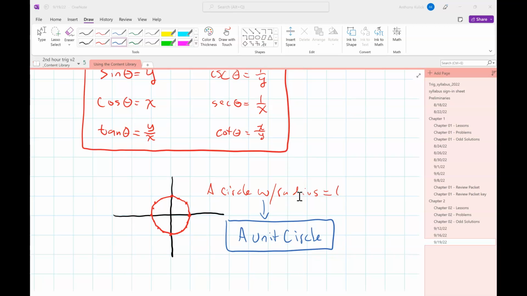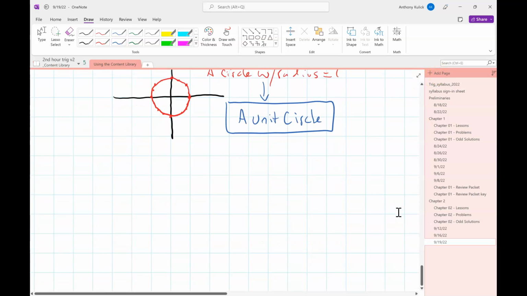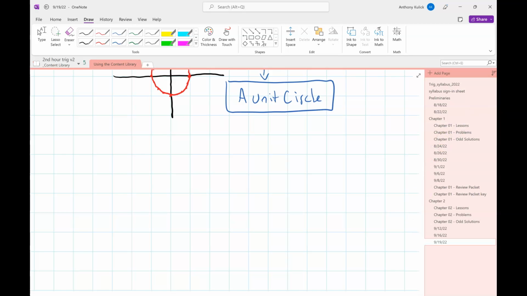We can do this without our calculator. Everybody's okay with that? So we're going to record all that information so we can create a shorthand way of doing this.